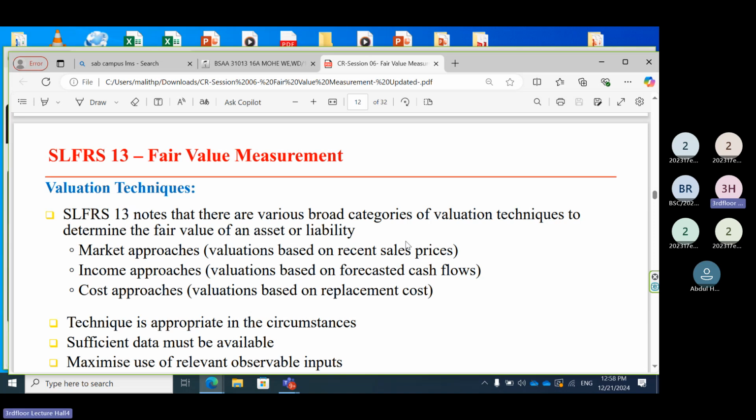If you can't estimate this, you can't get this 35% as an average. You have a seasonal business. You can't predict that. So what are you going to do? You use the cost approach. What do you mean by cost approach? If you rebuild this type of pool, what is the cost you are going to incur? How much cost will you incur? That may be 4 million.